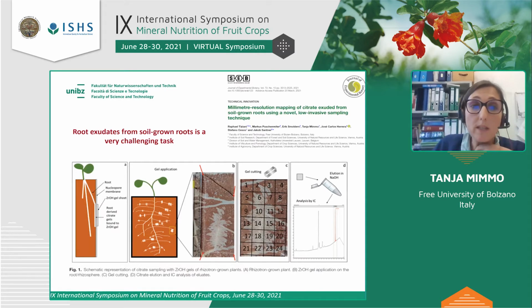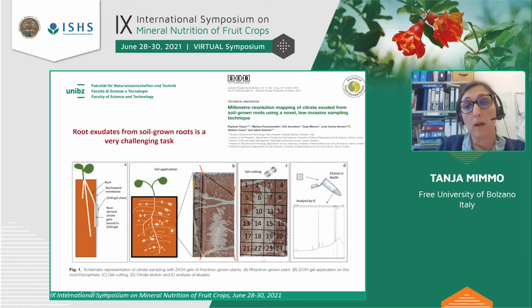In fact, just recently we developed a new method to sample the root exudates from soil-grown plants and to measure them. This is a DGT-based method, and it gives us the opportunity to sample the whole root system, but also single root zones. So actually you can choose whatever you want to sample, and it gives you a kind of map.